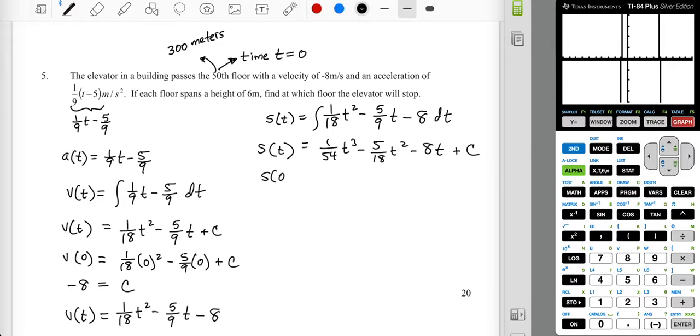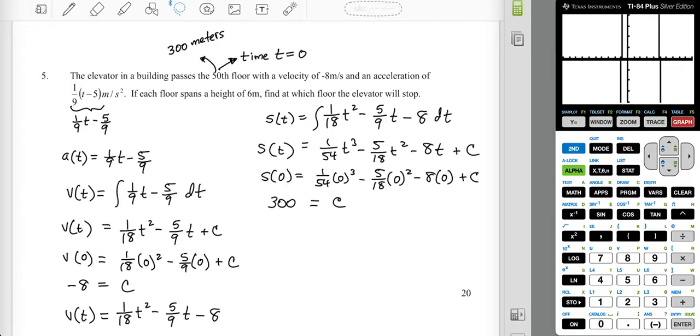So s of 0 is 1 over 54 times 0 cubed minus 5/18 times 0 squared minus 8 times 0 plus c. That's going to result in 300 equal to c. So we can now say that our position function is all of this stuff plus 300.